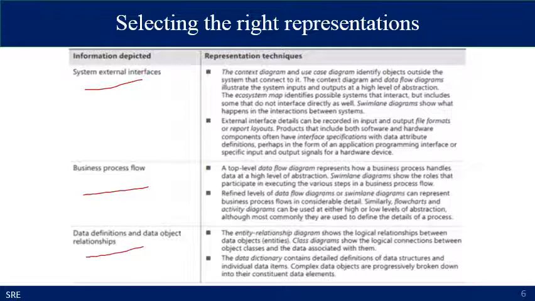If you want to specify data definitions and data object relationships, the entity relationship diagram shows the logical relationship between the data objects. Class diagrams can also be used to show the logical connections between object classes and the data associated with them.